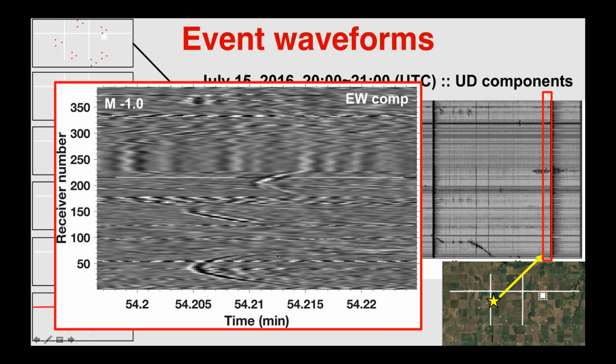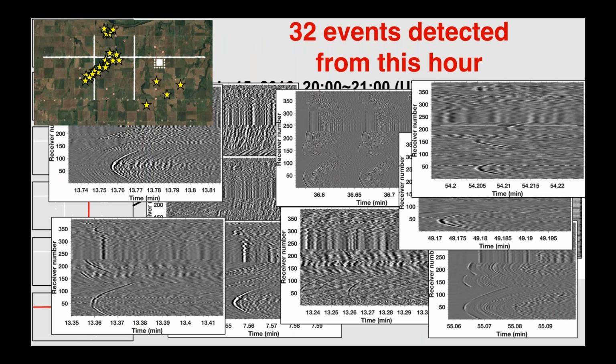From this one hour of data, we can find 32 events, located based on this hyperbola and a 1D velocity model, and this is the location we find. Most likely the events are concentrated around here, and we know from the ODS catalogs that this is a nest of earthquakes, and there are some events we find as well.